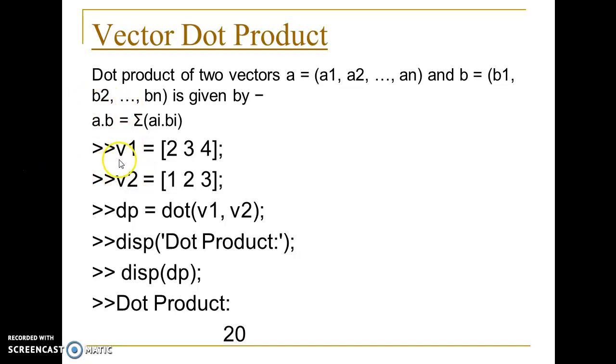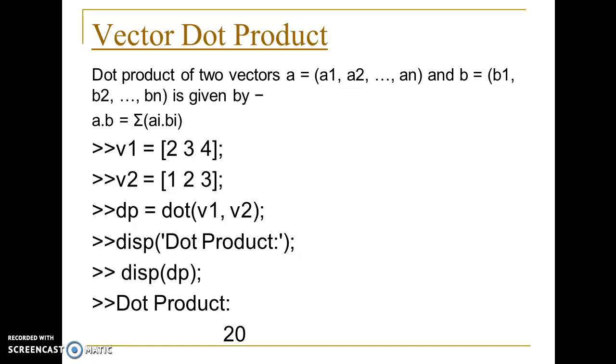Here, consider the example V1 is equal to 2, 3, 4, a row vector. V2 is equal to 1, 2, 3. Now if I write dp is equal to dot(V1, V2), it returns the scalar dot product of V1 and V2.